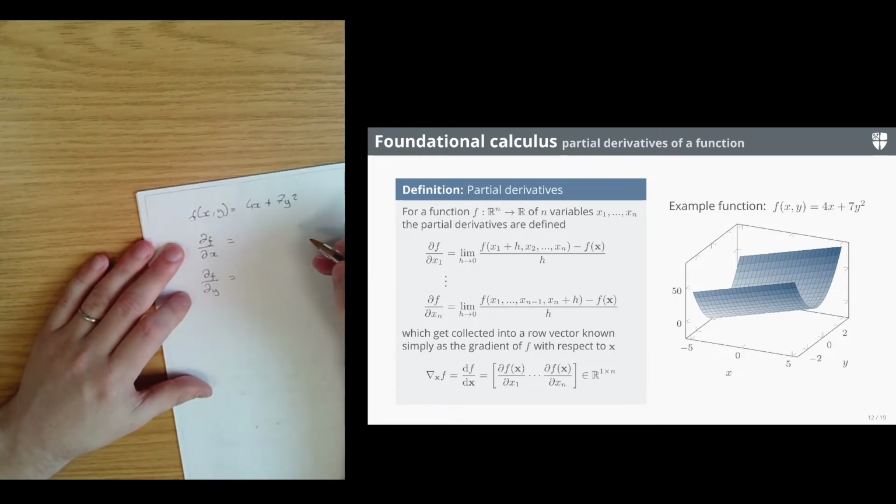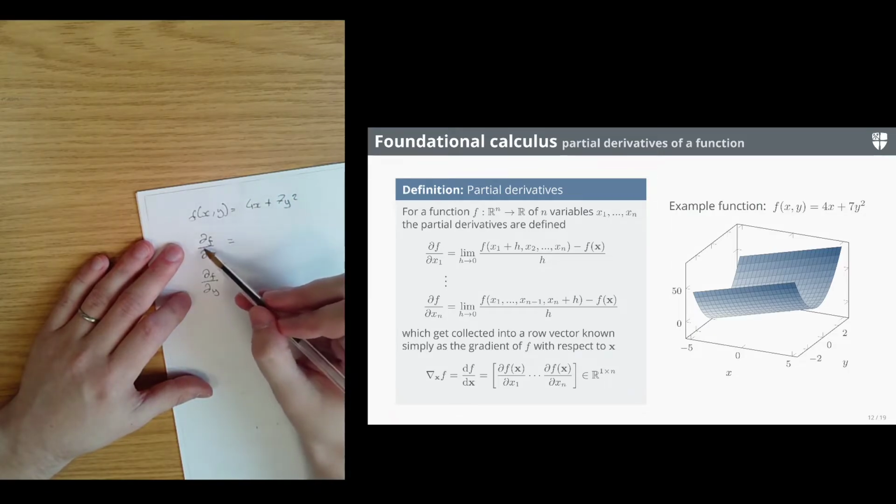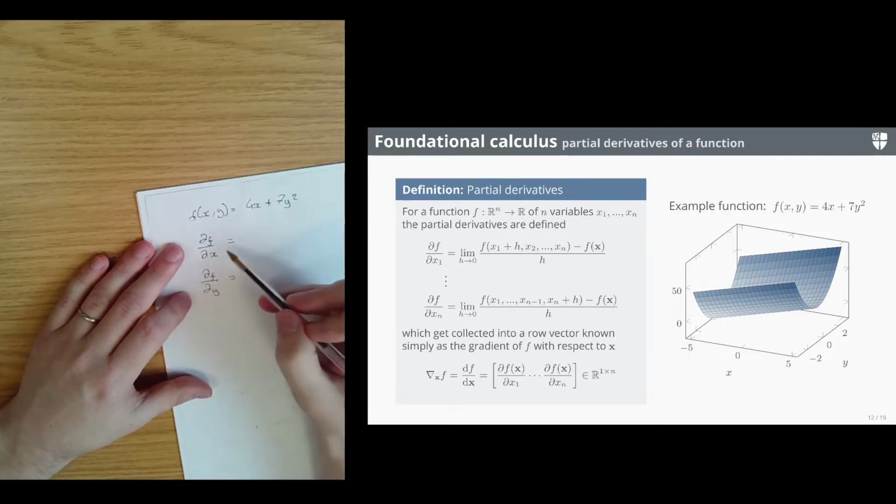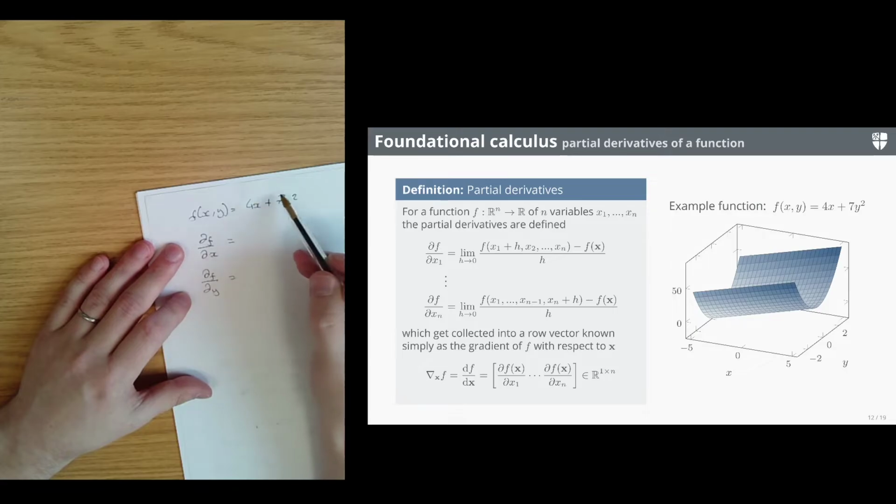To actually differentiate this, you look at the variable in the denominator that you want to differentiate with respect to, and you see if it exists in any of the terms. You've got these two terms here, and does x exist in any of them? It exists in this term, but not in this term. If it does exist, then you differentiate that part, and if it doesn't, that's just a 0.